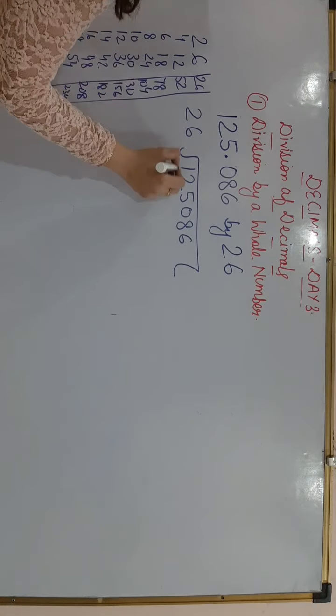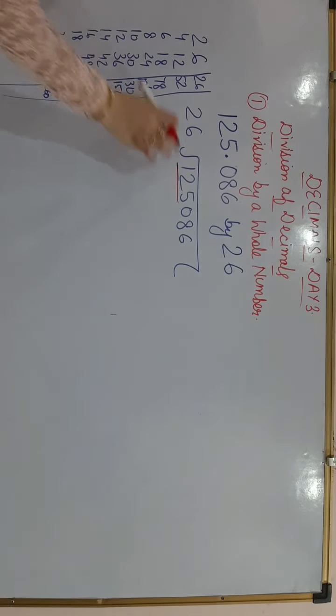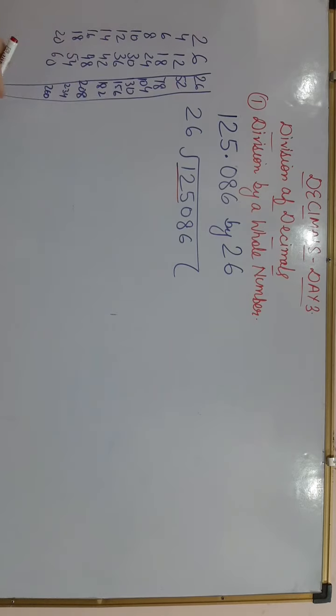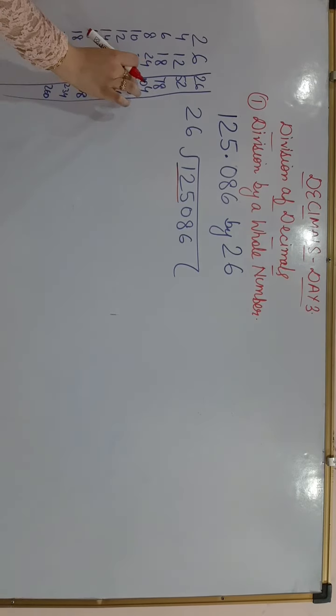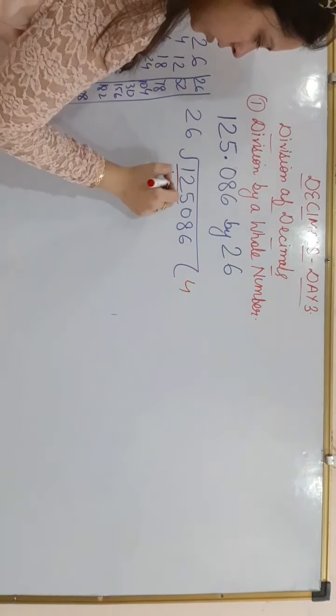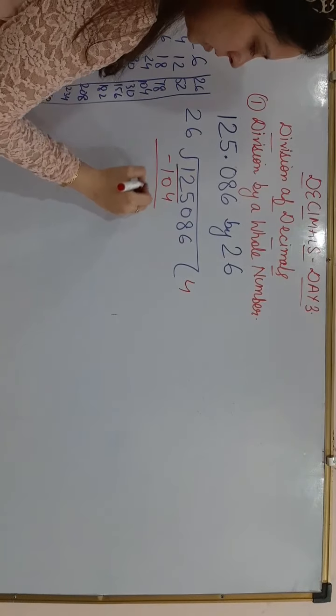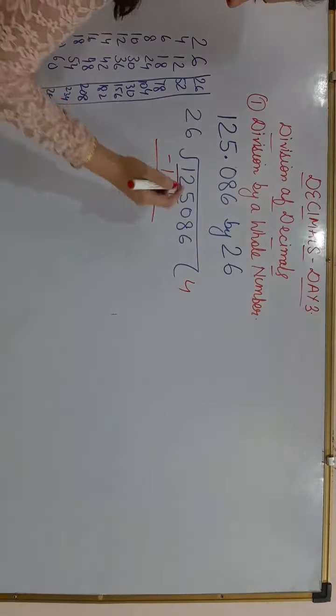So now first take two digits, 12. Now 12 is smaller than 26, so we will consider three digits, 125. So there is no 125 in this table. So the number smaller than 125 is 104. So 125 minus 104 is 21.